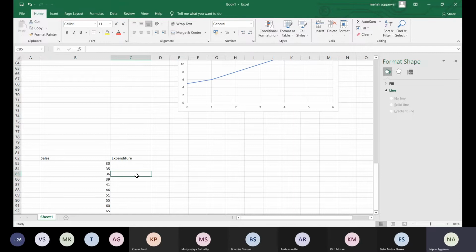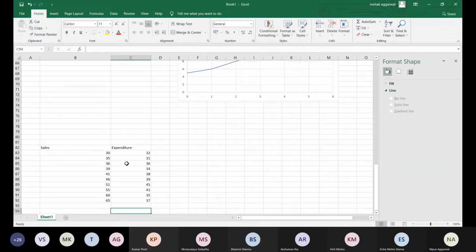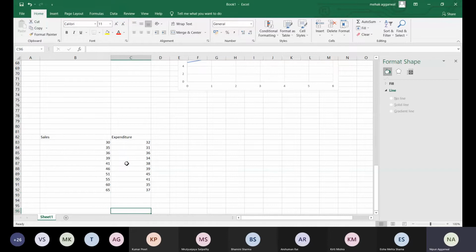And expenditure is 32, 31, 36, 34, 38 and 35. So this will be your expenditure data.